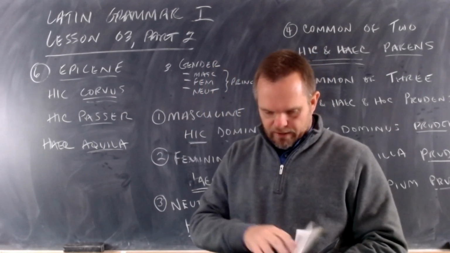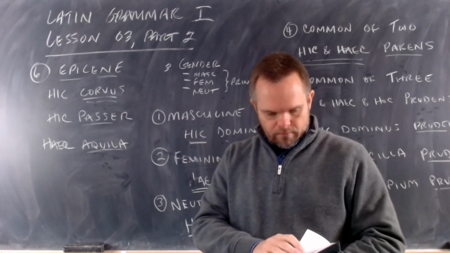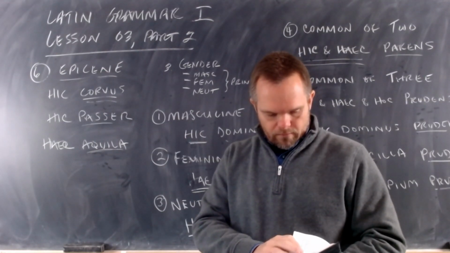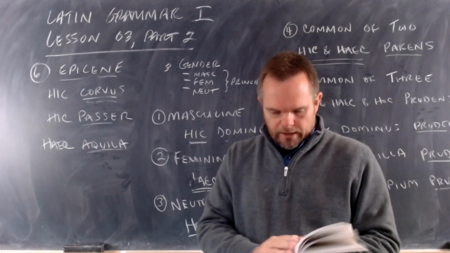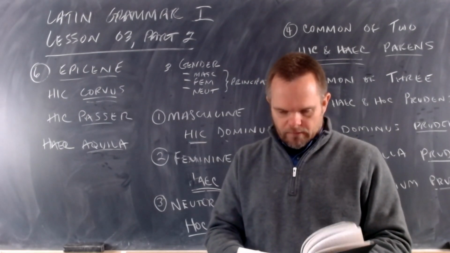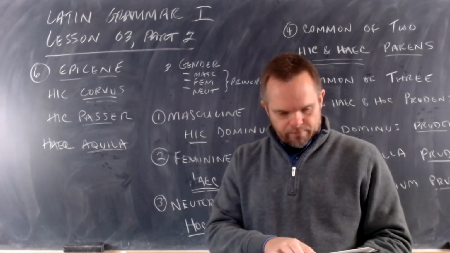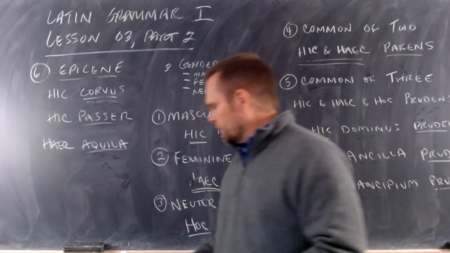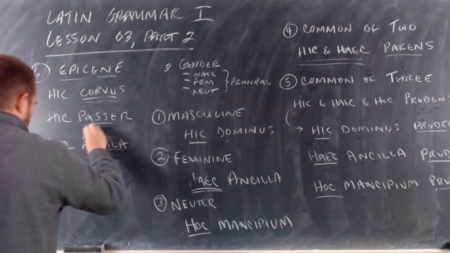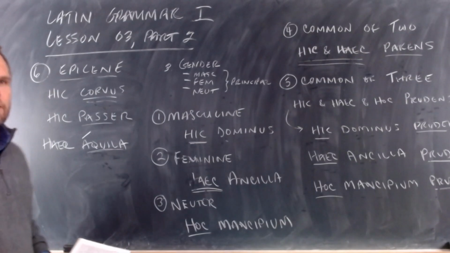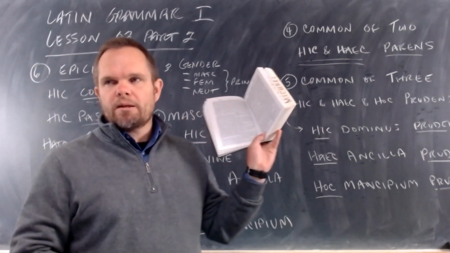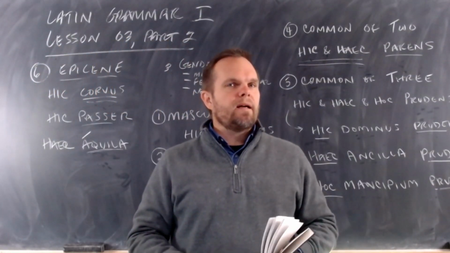Give me 1 second. I can look it up, and I can say it's aquila. How do I know based on my dictionary that it's aquila and not aquila?